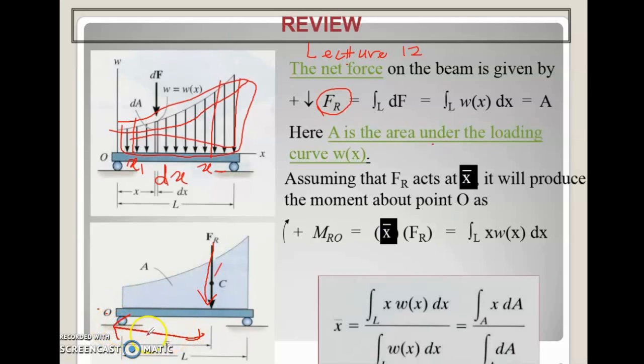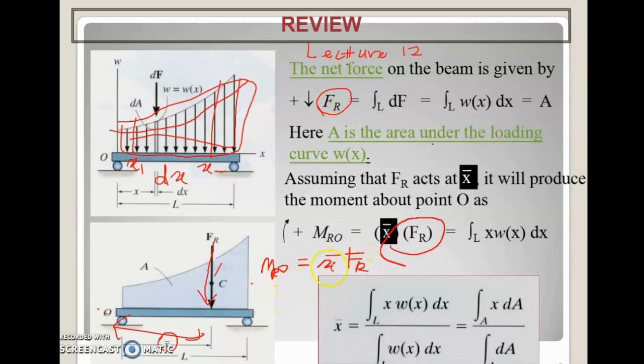This line of action we denote as x bar. This way it will produce a moment about point O, where the resultant moment about point O, MO, is equal to the line of action x bar multiplied by Fr.